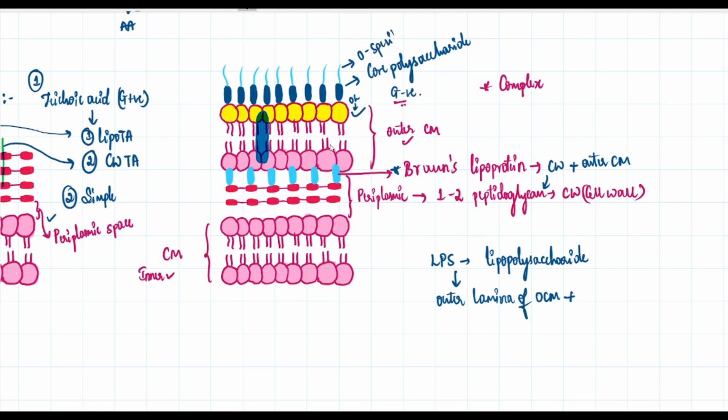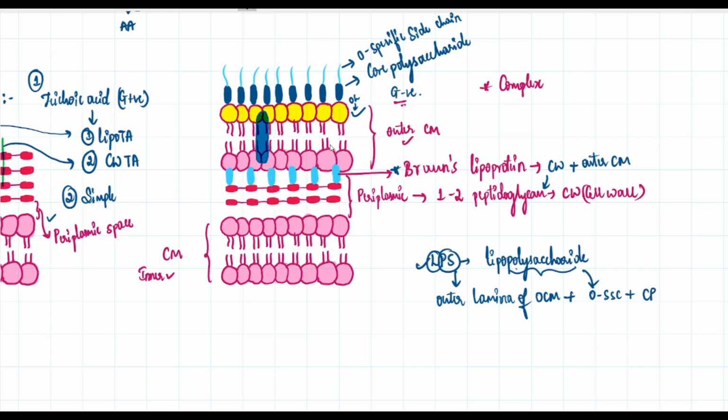They also call it the O-antigen because it has the capacity to generate antibodies in human beings. If human beings are exposed to the O-specific side chain or O-antigen, antibodies are produced against those O-antigens. So in the LPS, you can see lipid and polysaccharide, two components. The polysaccharides are the O-specific side chain and the core polysaccharide.